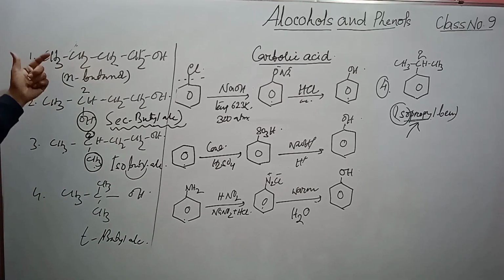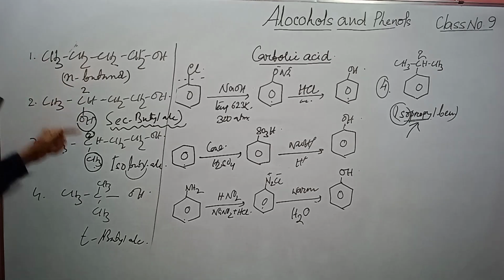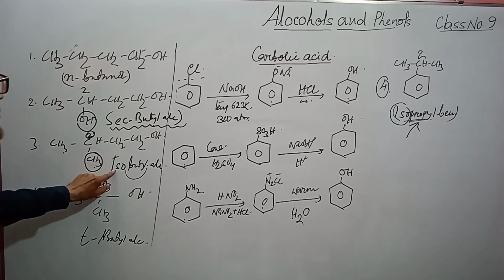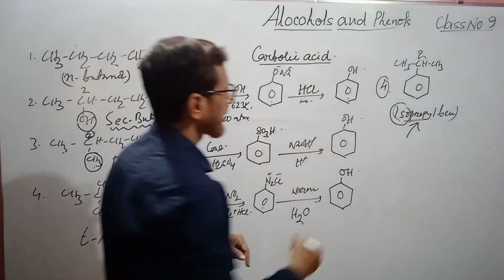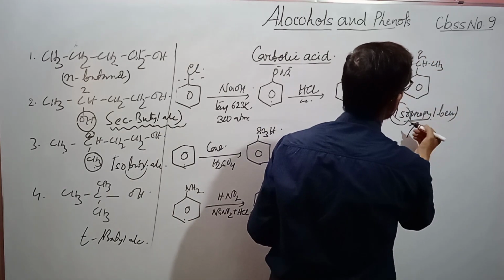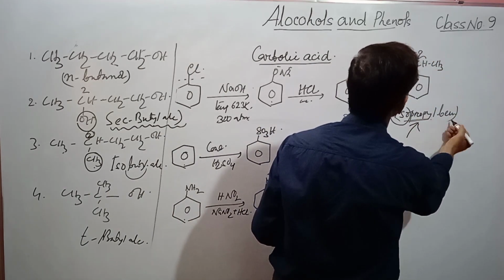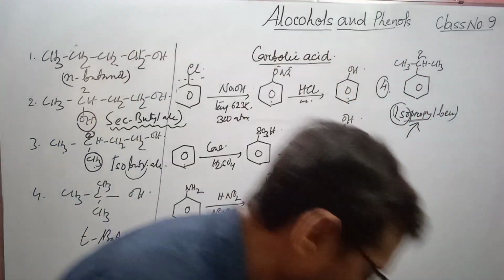So if the functional group is attached at the 2 position, it is secondary butyl. If an alkyl group or aryl group is attached, it is iso, and then you count all the carbon. That will be your nomenclature. Here you see at the 2 position a phenyl group is there, so isopropyl benzene.